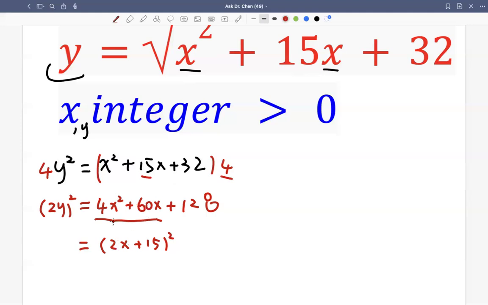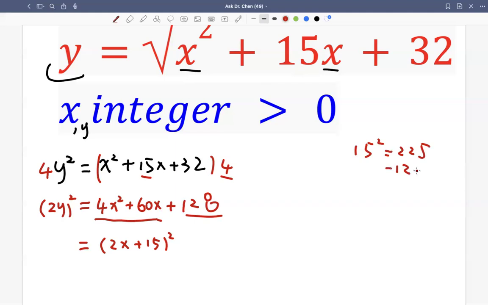So out of those terms, we have made a perfect square, (2x) squared, which is 4x squared. The middle term will be 2 times 2x times 15, which is 60x. Then 15 squared, remember, is 225, right? But I only have 128.